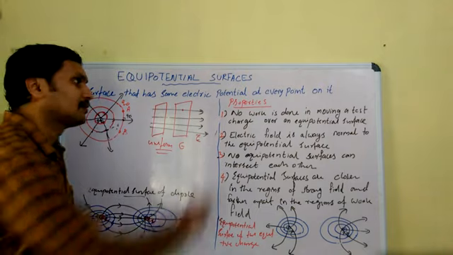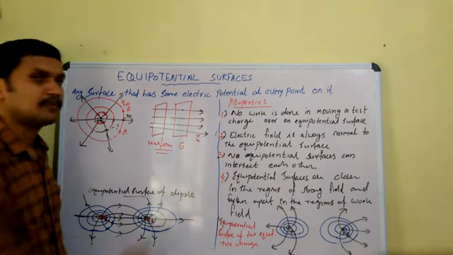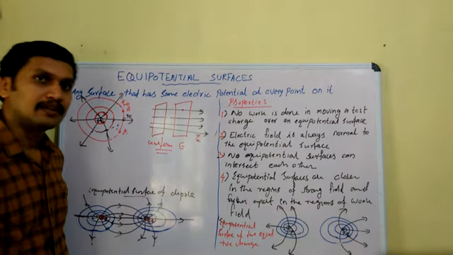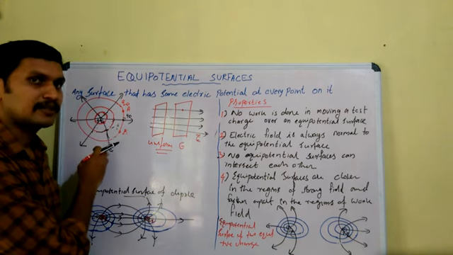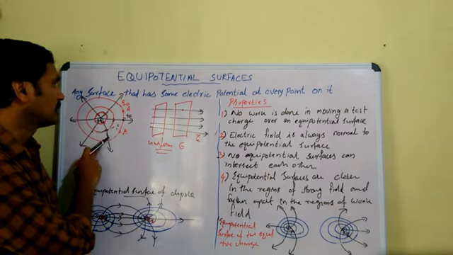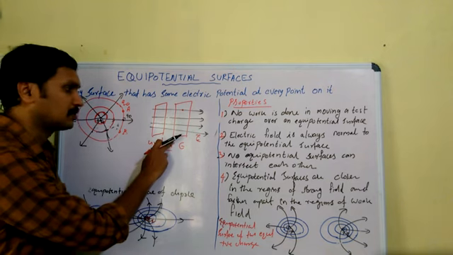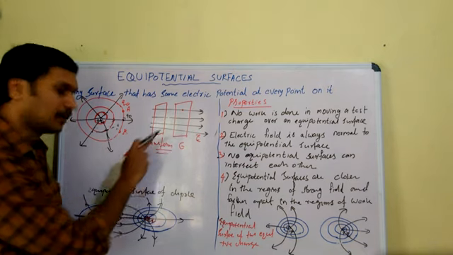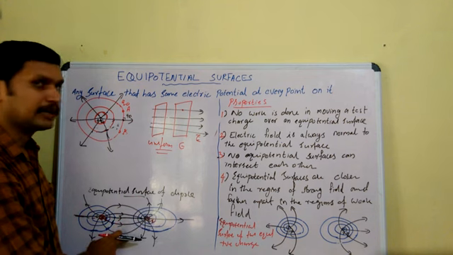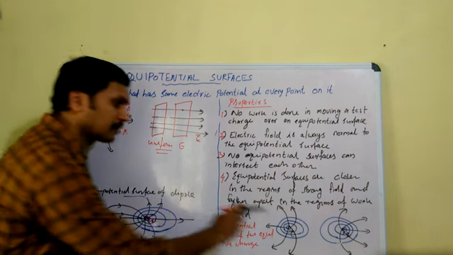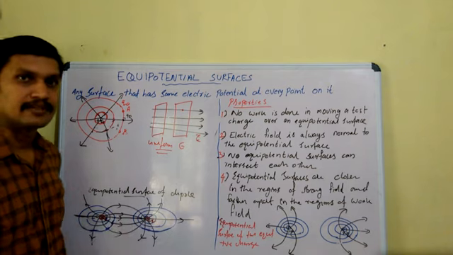Remember these properties of equipotential surfaces, and draw them. Try to draw the diagrams of the equipotential surface due to a point charge, due to a uniform electric field, due to a dipole, and due to like charges. Okay.